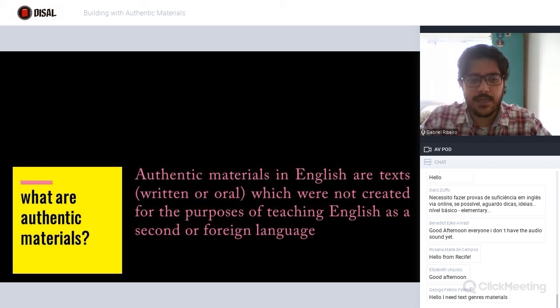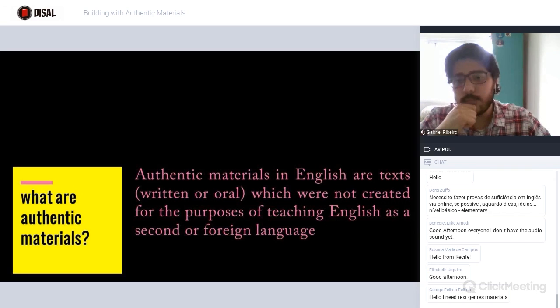Most authors would agree that as long as the text is not changed in terms of the language, the structures, the vocabulary, then we can consider that text to be authentic. So when we are talking about video or audio, we get the excerpt as it is, so this would be considered an authentic material.